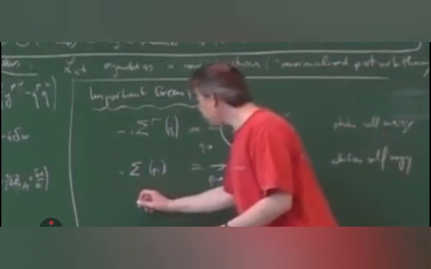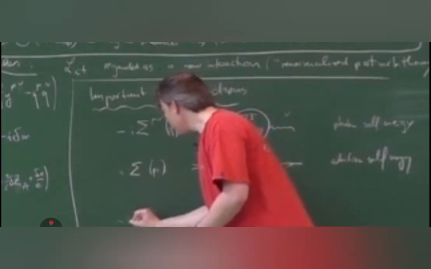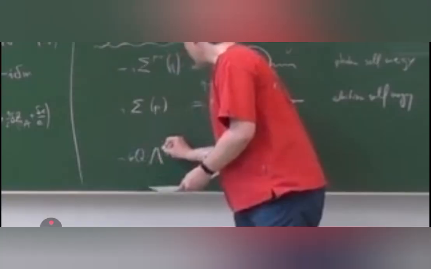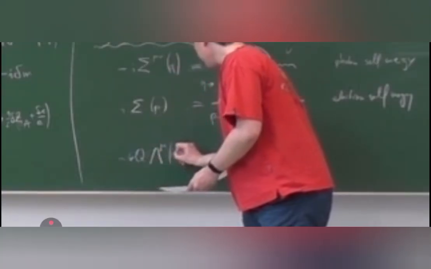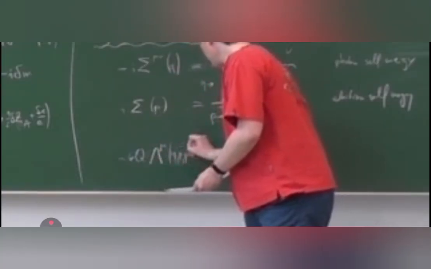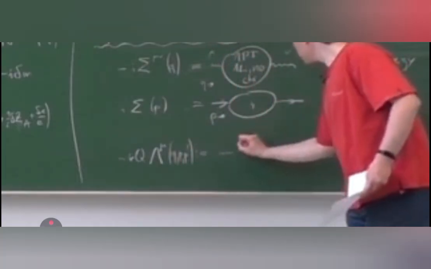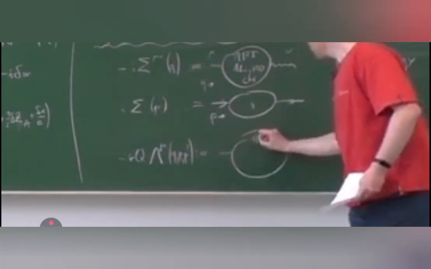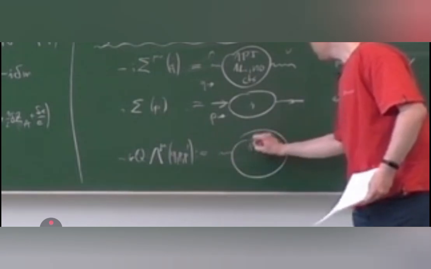And finally, we have a 3-point function, minus i e Q Lambda mu of Q, P and P prime, defined as follows, namely, again, 1PI, one loop, no counter terms.